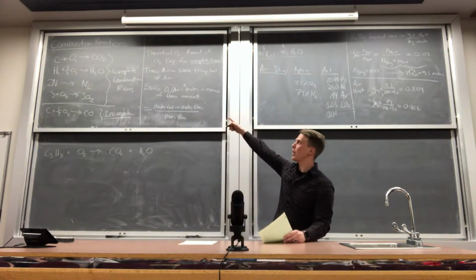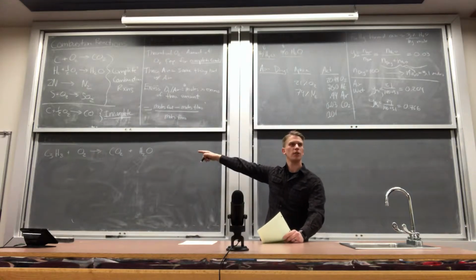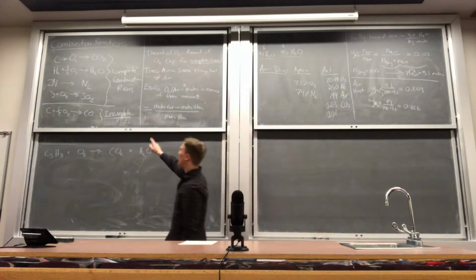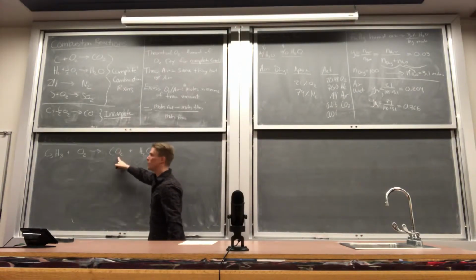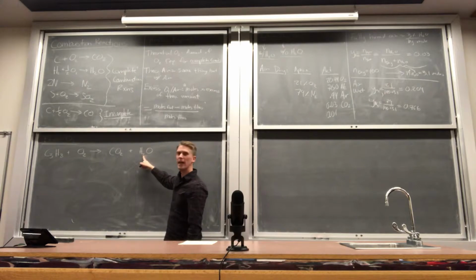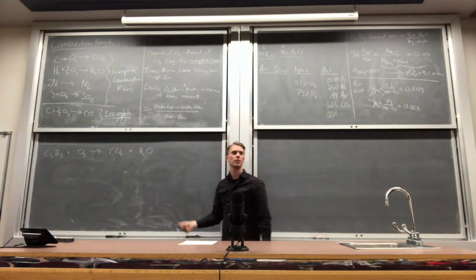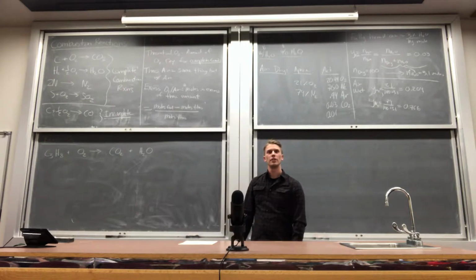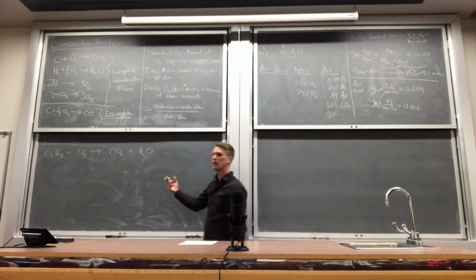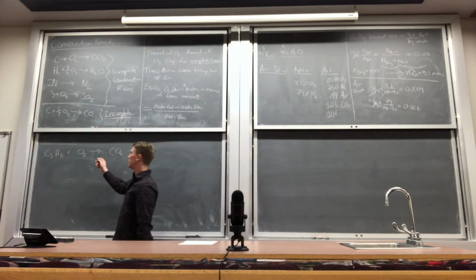So let's look at our equations up there. Propane is made of what two atom types? Carbon and hydrogen. So carbon goes to CO2, hydrogen goes to H2O. Can we use this as a tool to help us balance the reaction? How many CO2s do we need? 3.